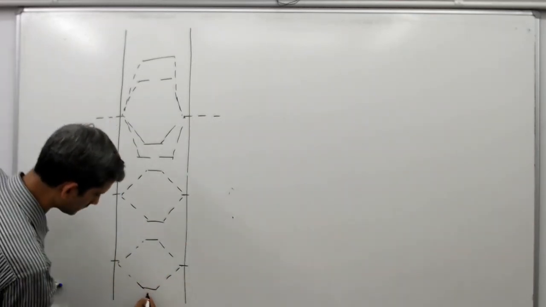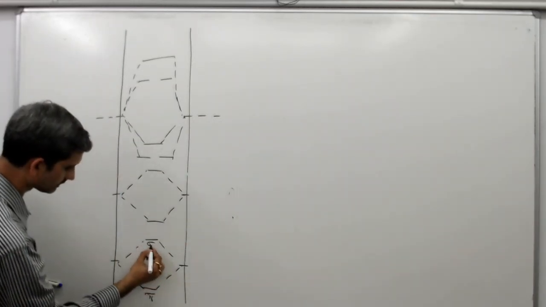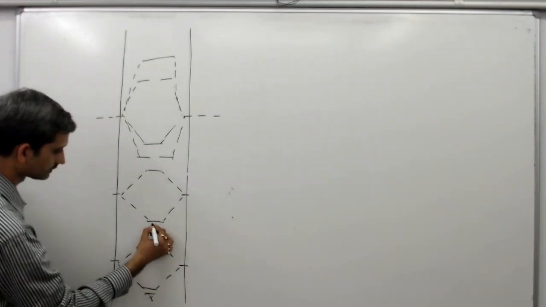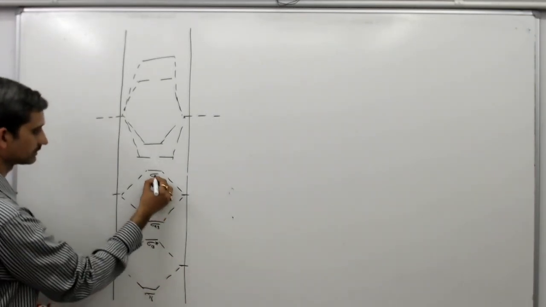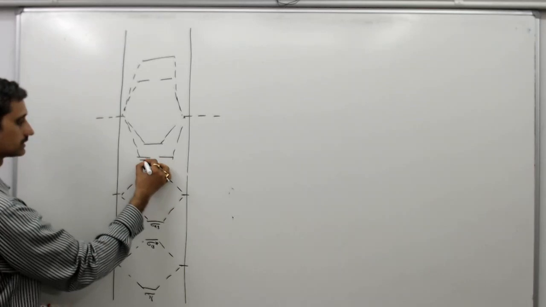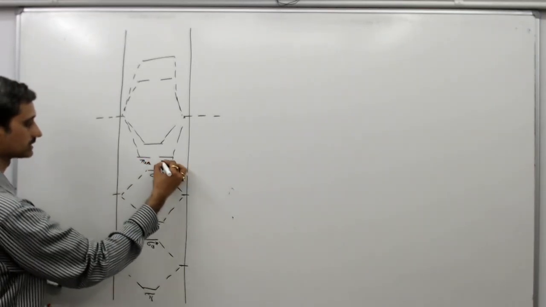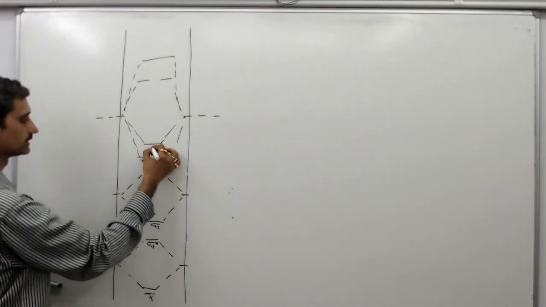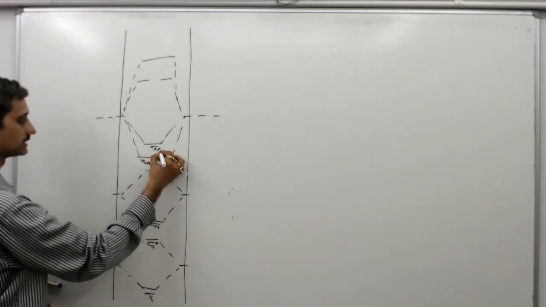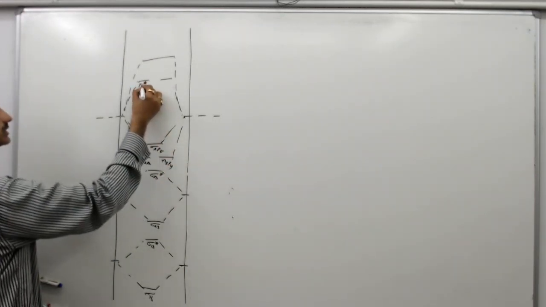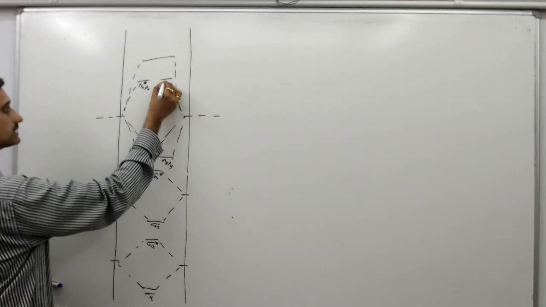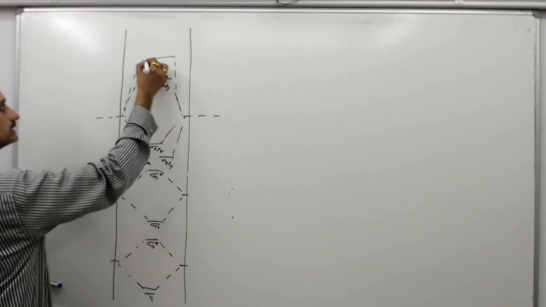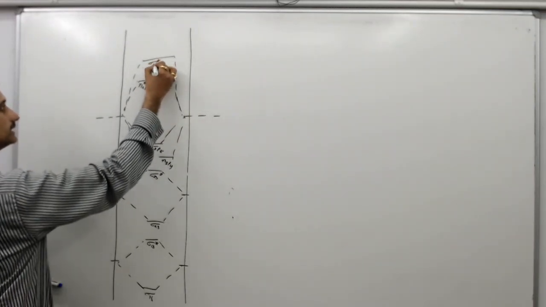This was sigma 1s, this is sigma 1s star, this is sigma 2s, this is sigma 2s star, this is pi 2px, this is pi 2py, this is sigma 2pz, this is pi star 2px, this is pi star 2py, this is sigma star 2pz.